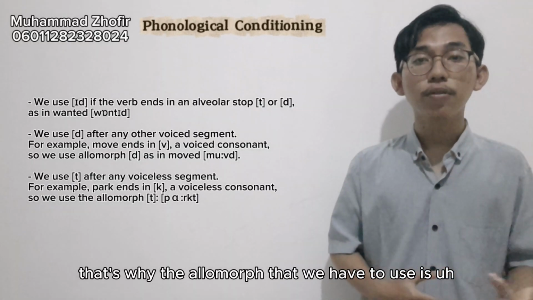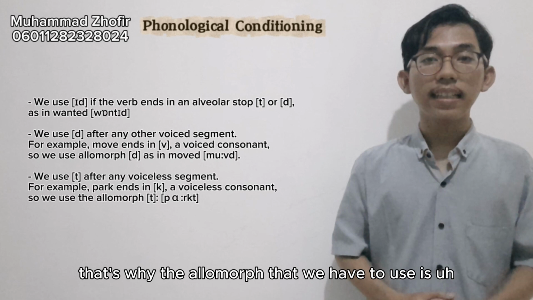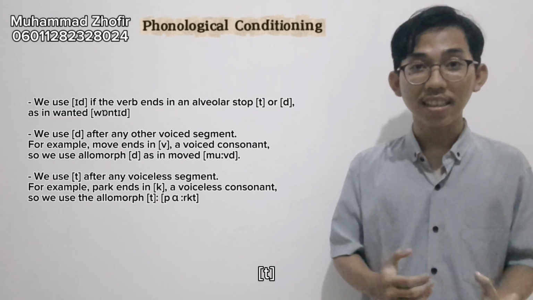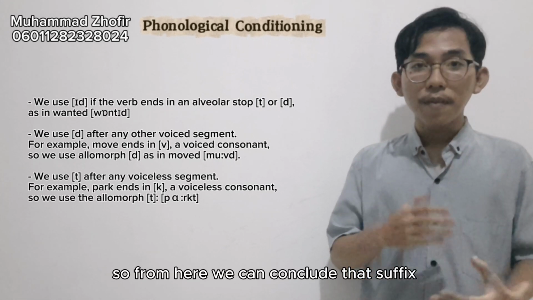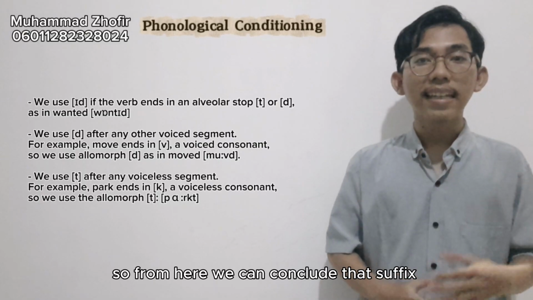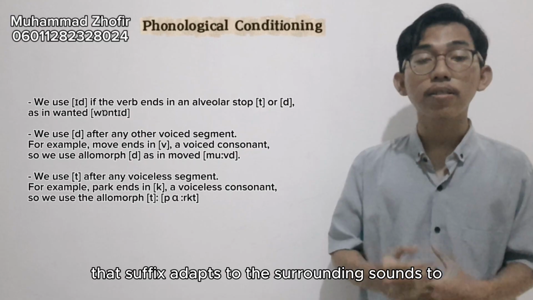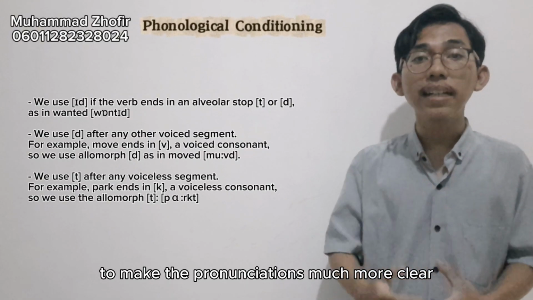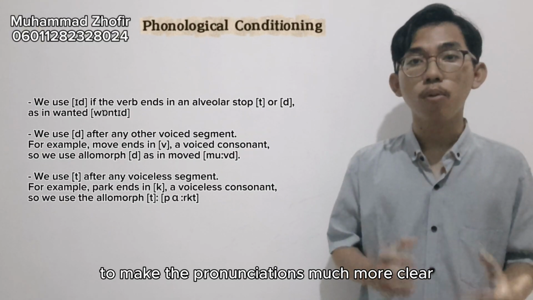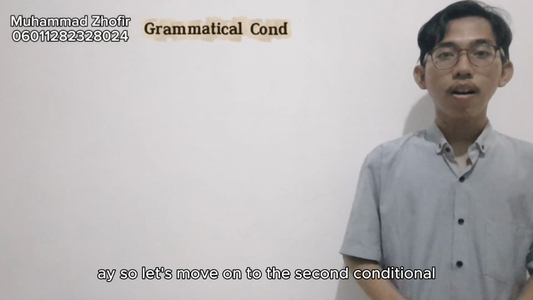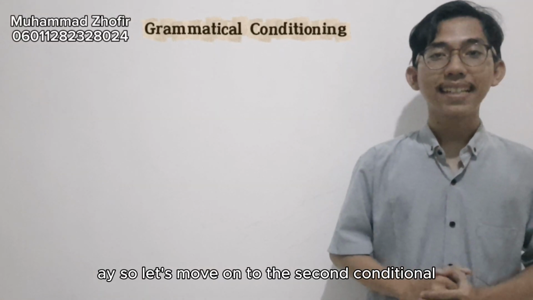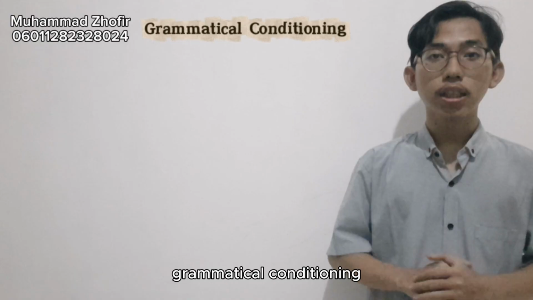That's why the allomorph that we have to use is t. Okay, so from here we can conclude that the suffix adapts to the surrounding sounds to make the pronunciation much clearer. Okay, so let's move on to the second condition, grammatical conditioning.